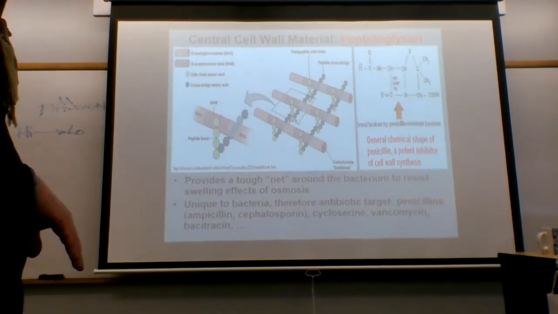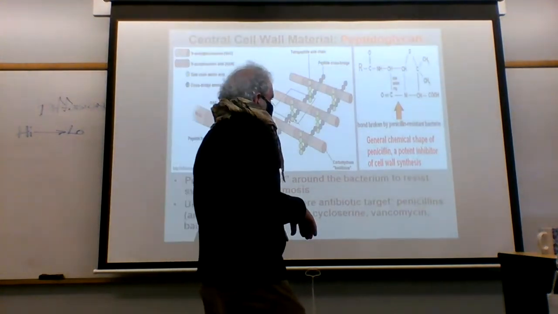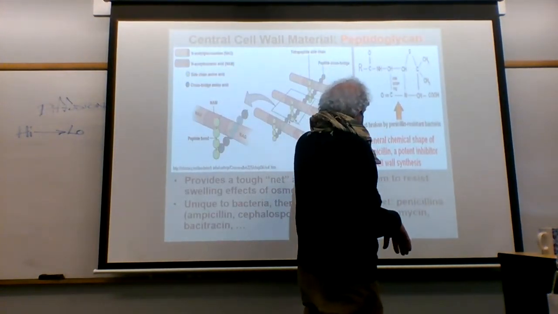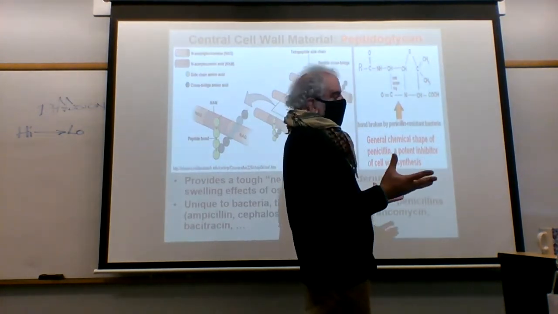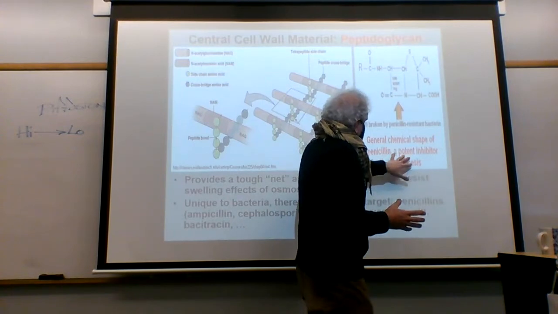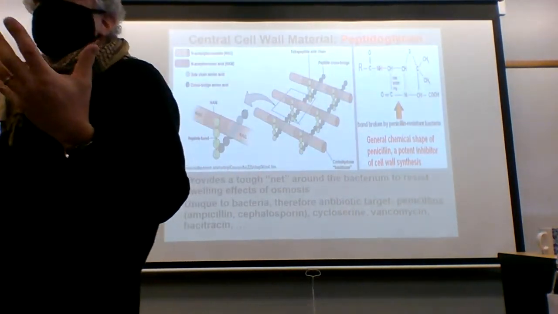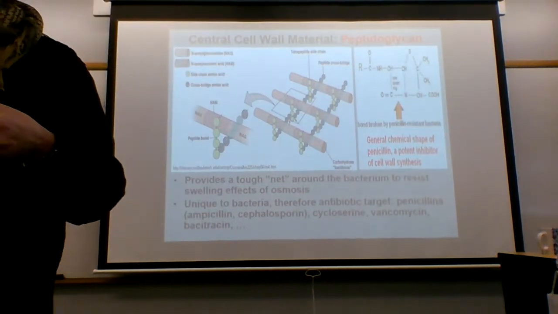Now, an antibiotic that you know of is penicillin, ampicillin, amoxicillin. These guys, all the illins, they block the synthesis of cell walls. And what that means is when the bacteria replicate, they can't produce a cell wall.